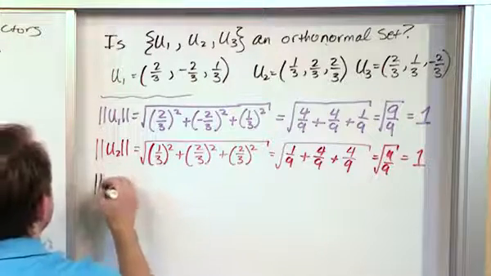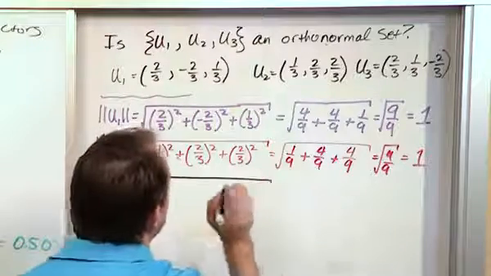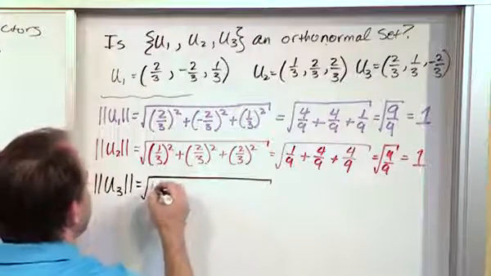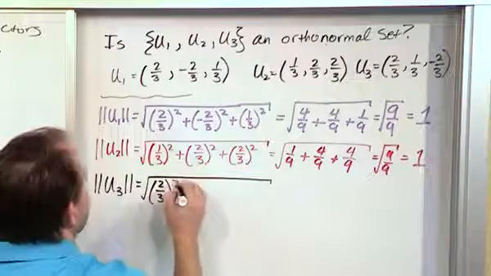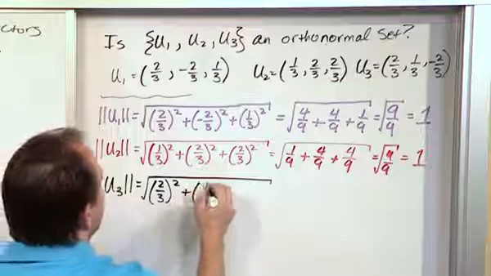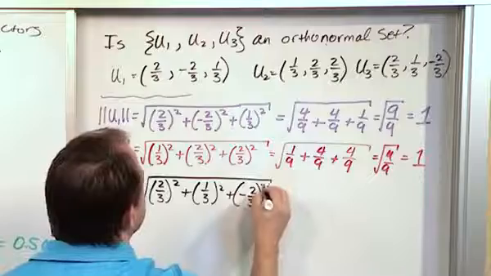Now let's take a look at vector u3. I'll give you a cookie if you can guess that it's also going to be a length of 1, but let's check it out. So here we have 2/3 squared plus 1/3 squared plus negative 2/3 squared.